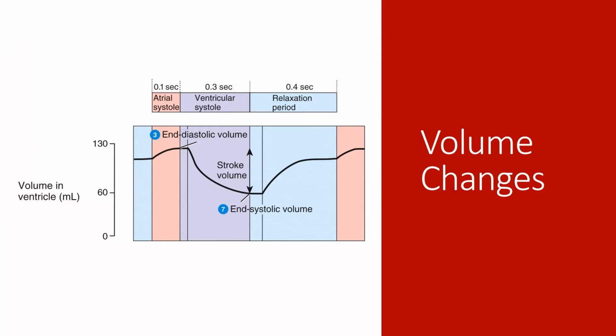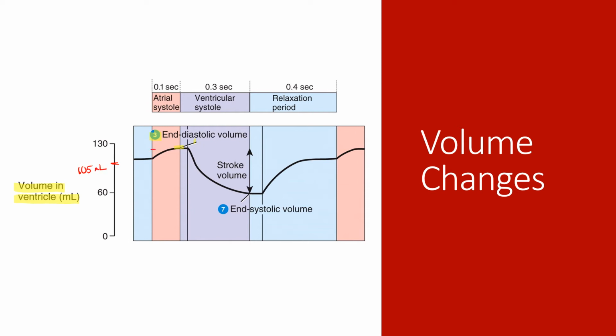On this diagram, we see the ventricular volume changes during a cardiac cycle. So here at this number 3, we see that the atrial systole contributes a final 25 or so milliliters of blood to the volume that's already in each ventricle. So already in each ventricle, before atrial systole, we have about 105 milliliters.